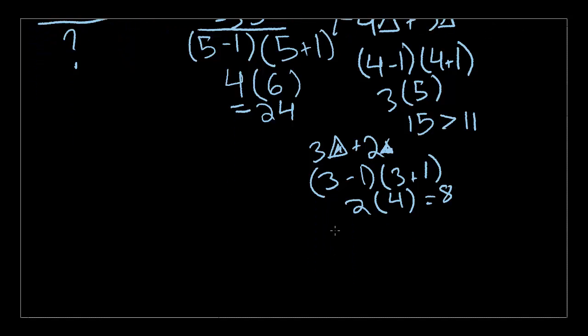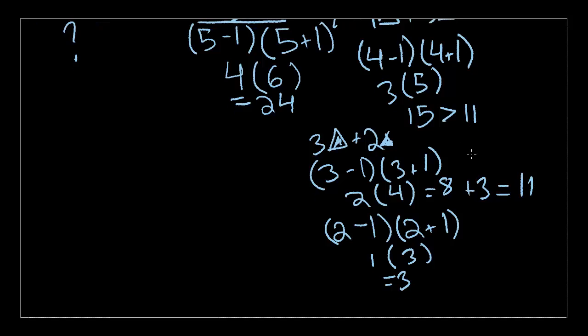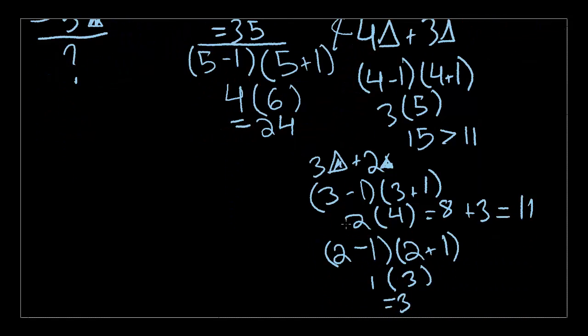So we've got a good shot here. 2 triangle is 2 minus 1 times 2 plus 1, so it's 1 times 3, which is 3. 8 plus 3 is equal to 11, and 11 is our answer. So the correct answer is B.